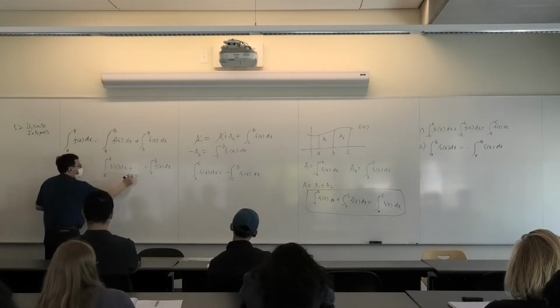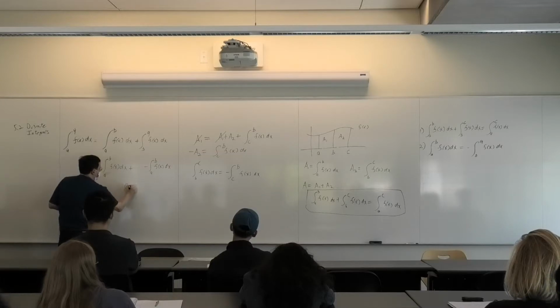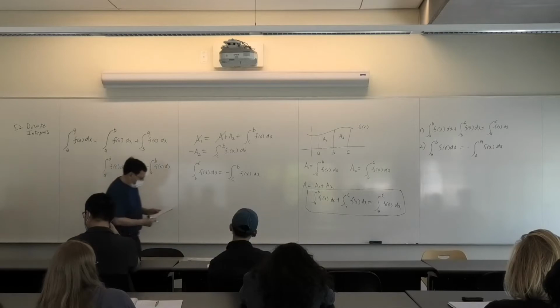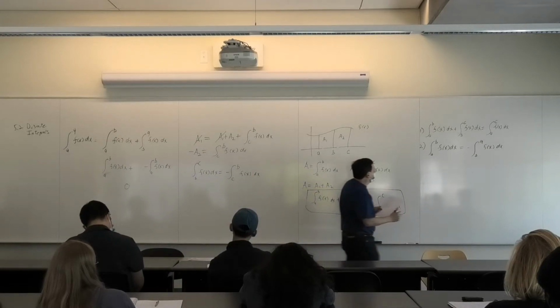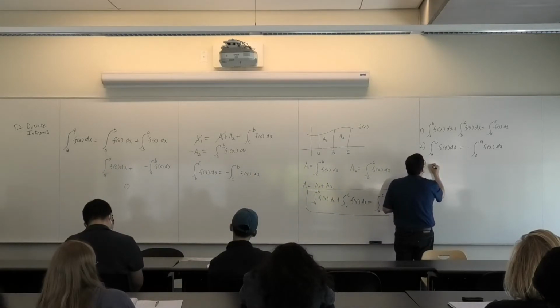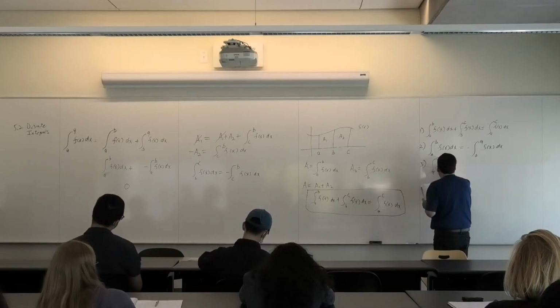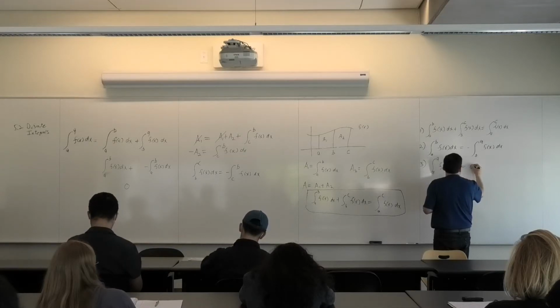And these being the same except for the minus sign, I get 0. So that gives me my third property. If I integrate from one point to itself for a function, I'm going to get 0.